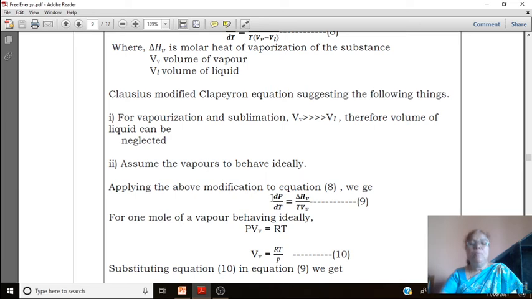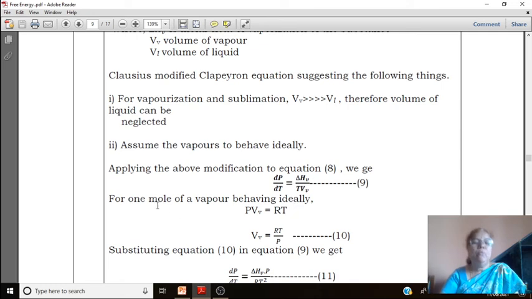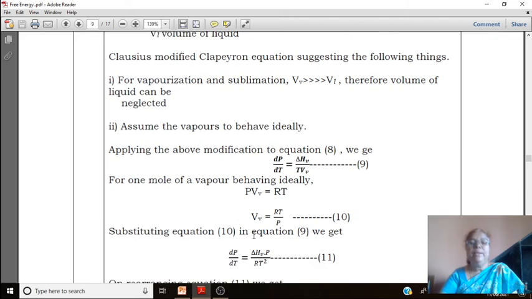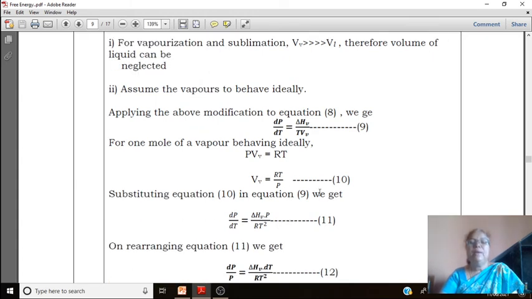So, applying the above modification to equation number 8, we get dP by dT equals delta Hv by T into Vv. For 1 mole of vapor behaving ideally, we can write PV equals RT. Therefore, V equals RT by P. Let it be equation number 10. Then substituting equation number 10 in equation number 9, we get dP by dT equals delta Hv into P upon RT square.